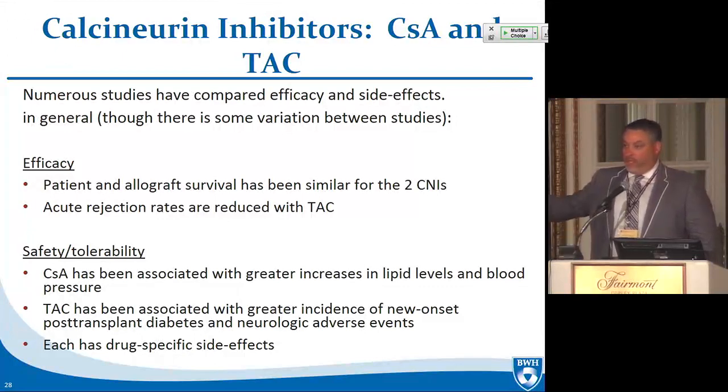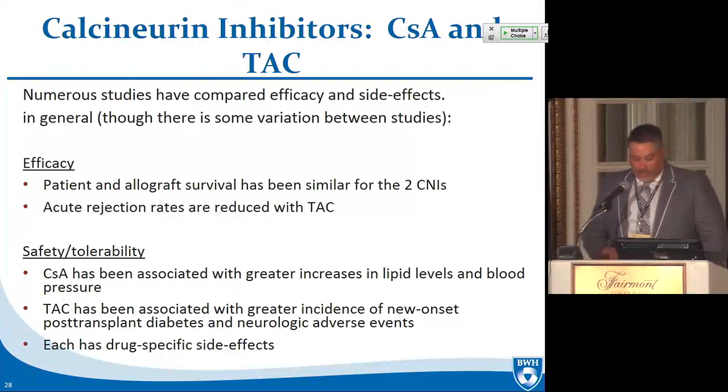Now, one thing that we've seen if you're able to withdraw corticosteroids, you can actually get the diabetes risk similar to what you've seen with cyclosporin. So if you're able to use a corticosteroid withdrawal regimen with a TAC backbone, I can get that new onset diabetes down to around 5%, and generally in the population who were at risk for diabetes regardless of the transplant.